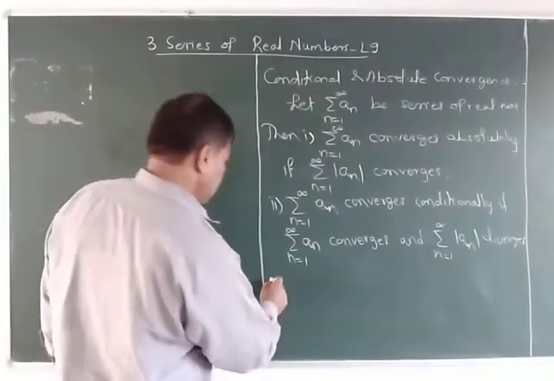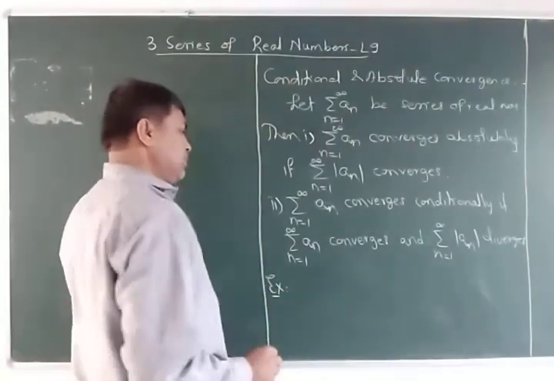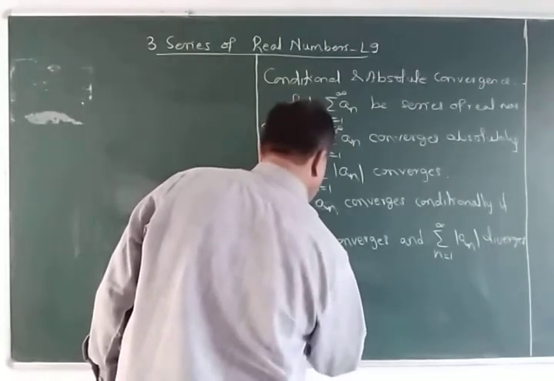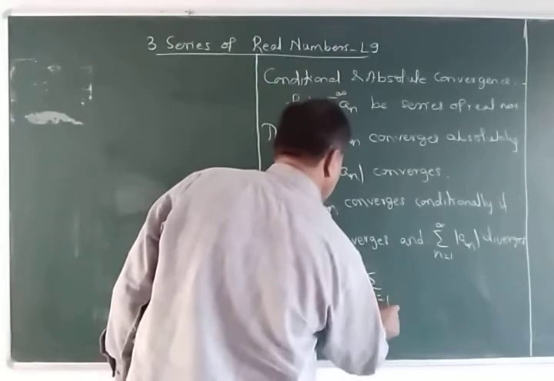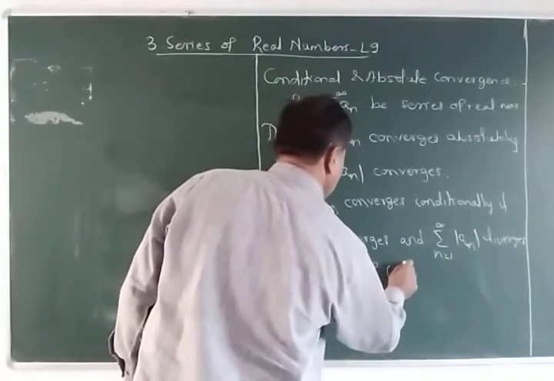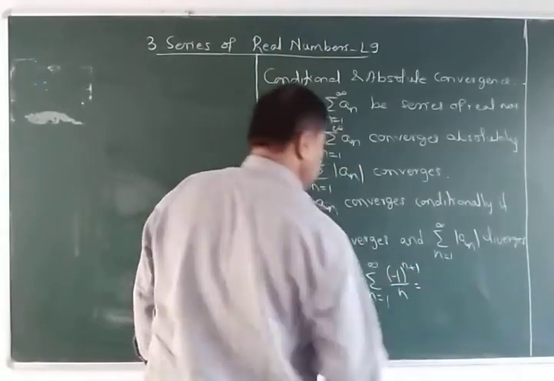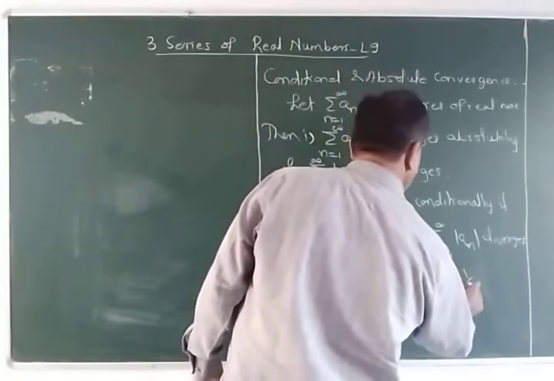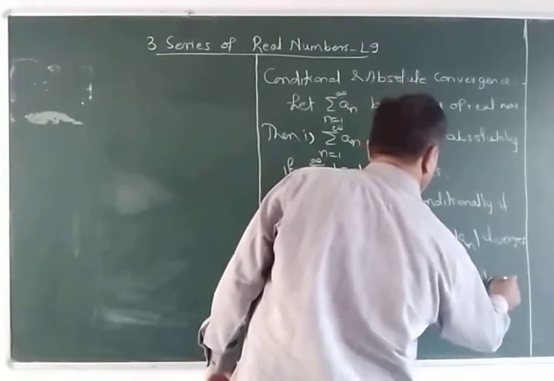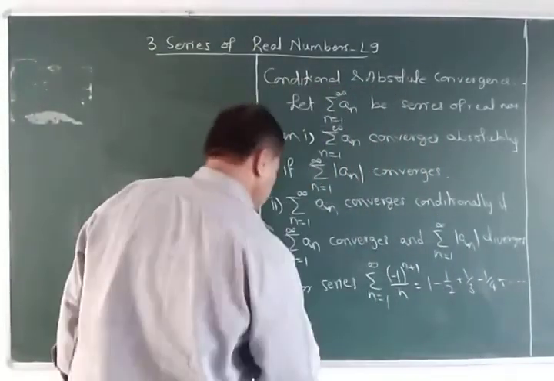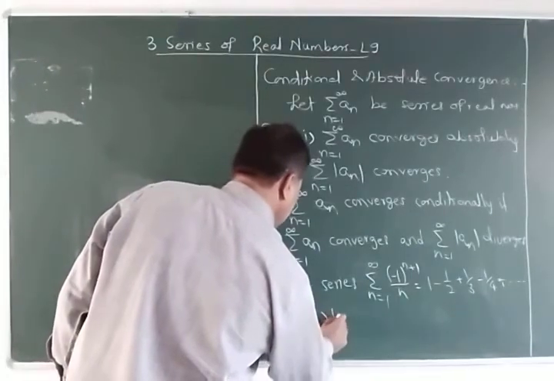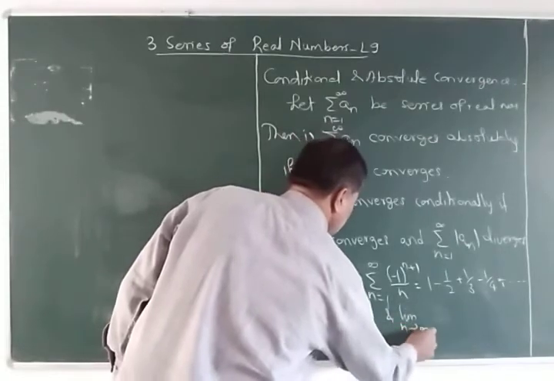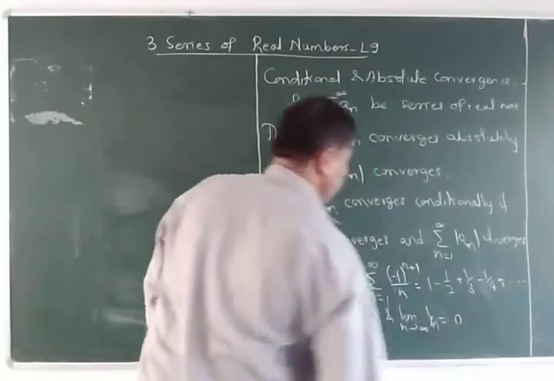If I take an example, say for the series summation of n equal to 1 to infinity, minus 1 raised to n plus 1 upon n. This series is nothing but 1 minus half plus 1 by 3 minus 1 by 4 plus and so on. 1 is greater than half, greater than 1 by 3, greater than so on, and limit n tends to infinity of 1 by n is 0.